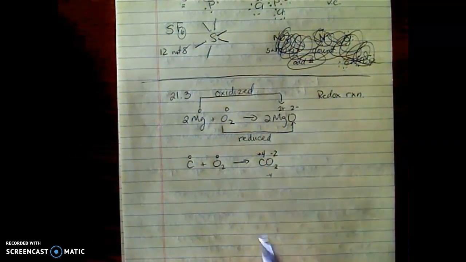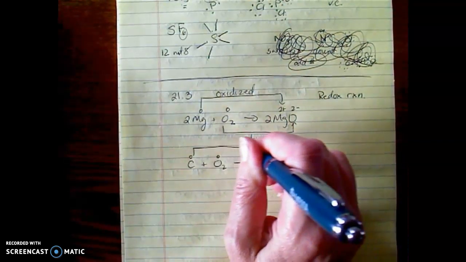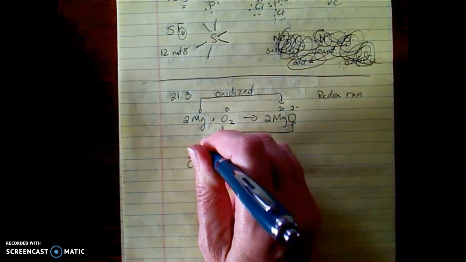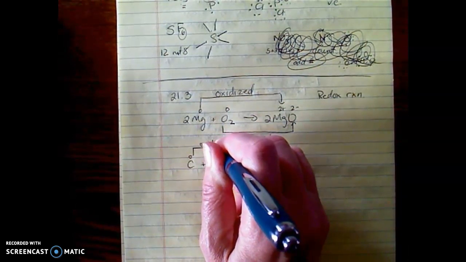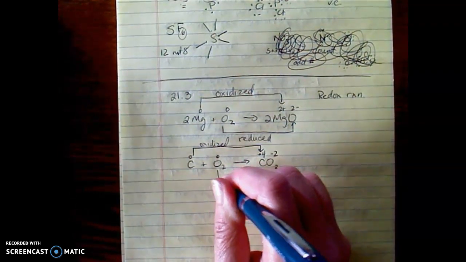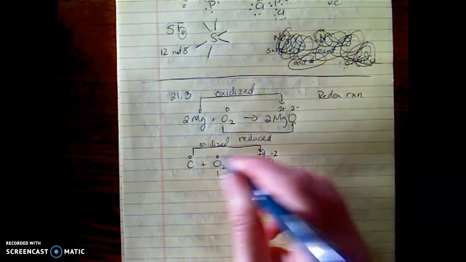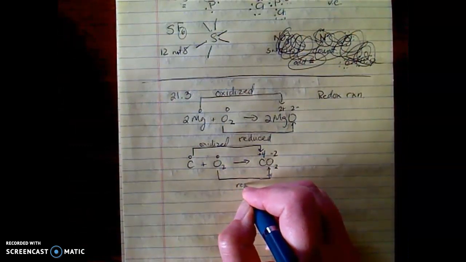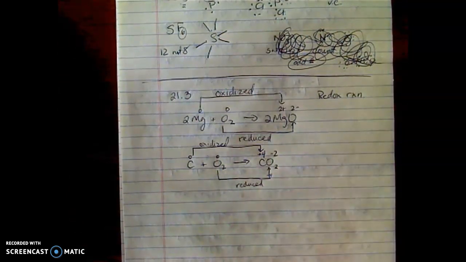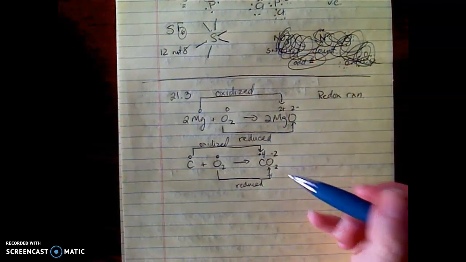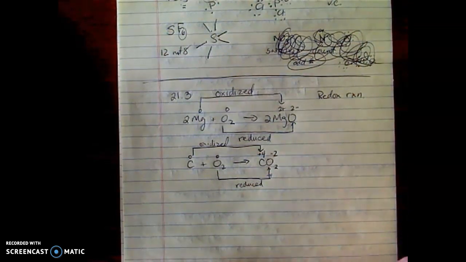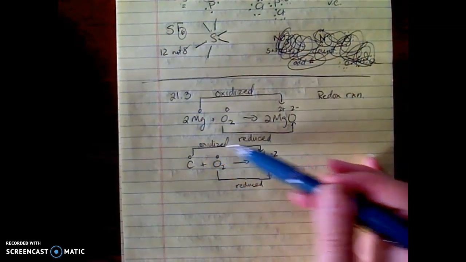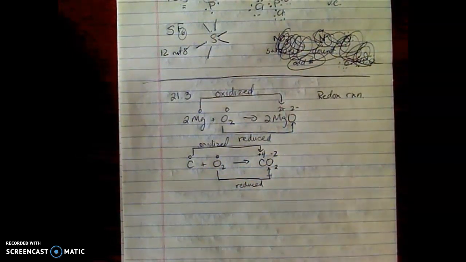So that's its oxidation state. So we can see carbon went from 0 to +4, so it was oxidized, where oxygen went from 0 to -2, so it was reduced. Remember, to be reduced, you either completely gain or partially gain electrons. Here you completely lose or partially lose electrons.